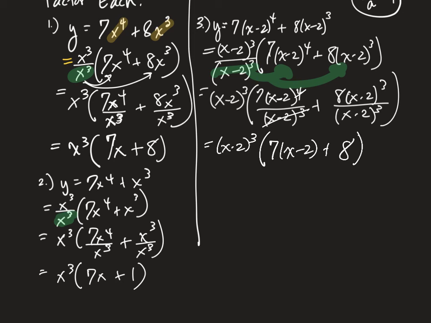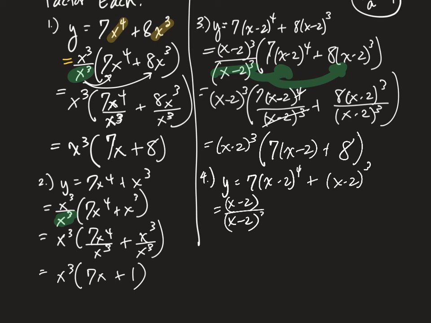So I'm going to skip that step so that we can tackle problem number 4, which was y equals 7 times x minus 2 to the 4th plus x minus 2 cubed, and use this strategy of multiplying by the common factor in the numerator and denominator, and then distributing the denominator.